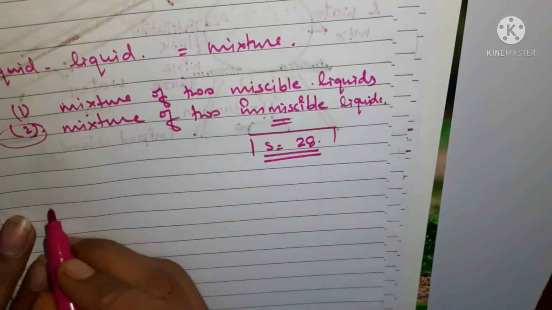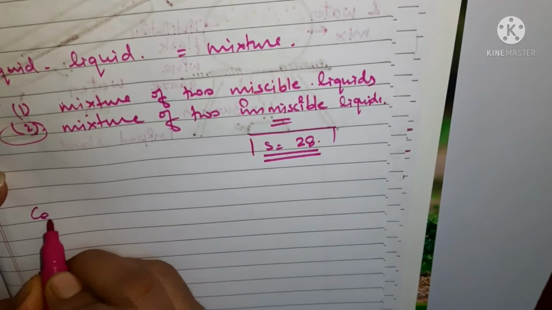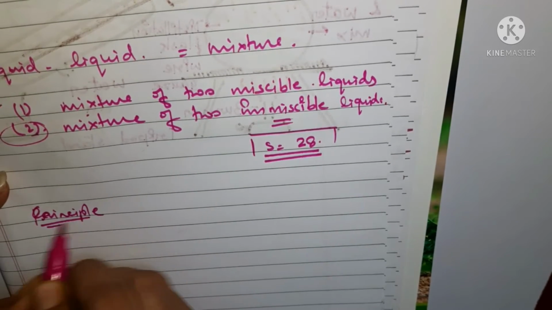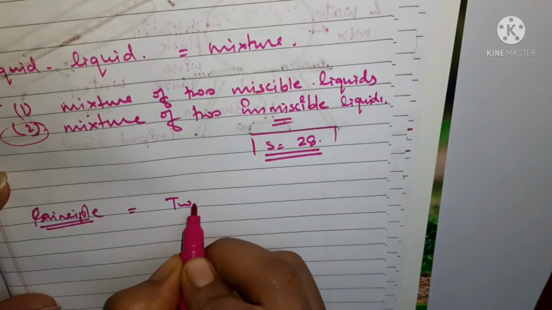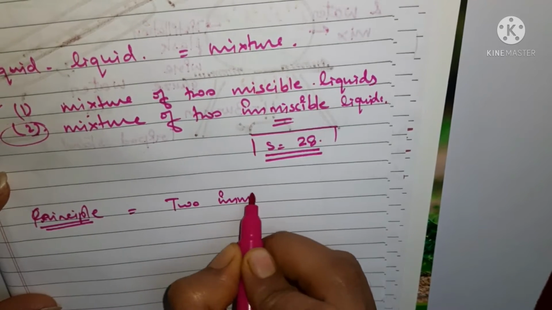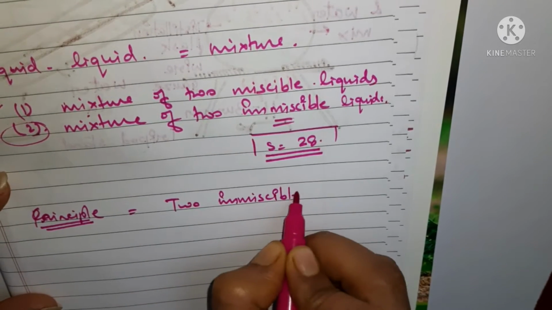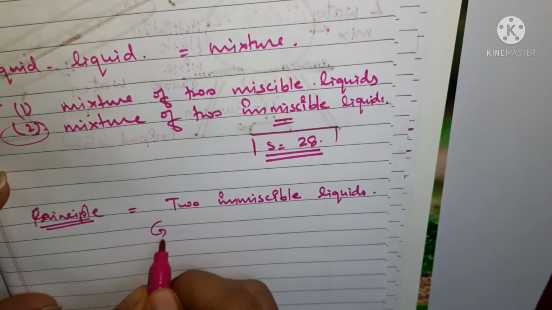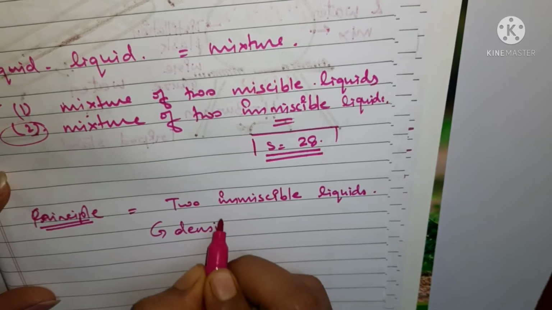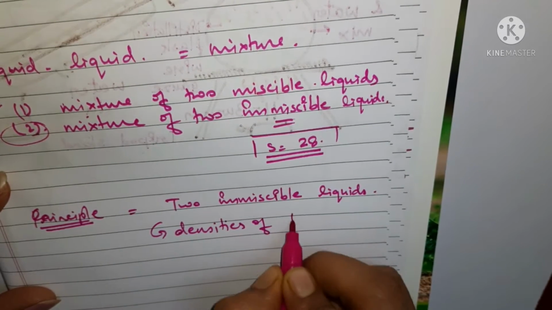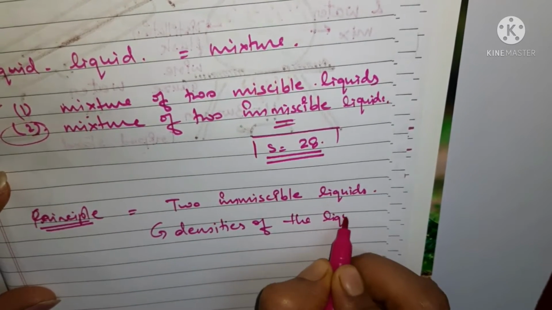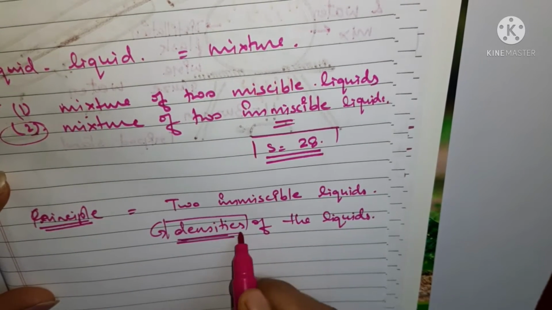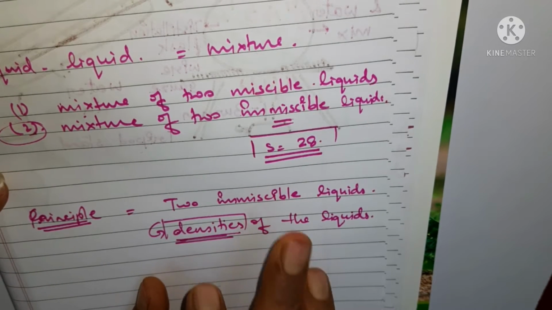Before this, you should also understand one concept, or you can say the principle behind it, that the separation of two immiscible liquids depends upon the densities of the liquids, understood. So this density is very important for the cases of immiscible liquids.